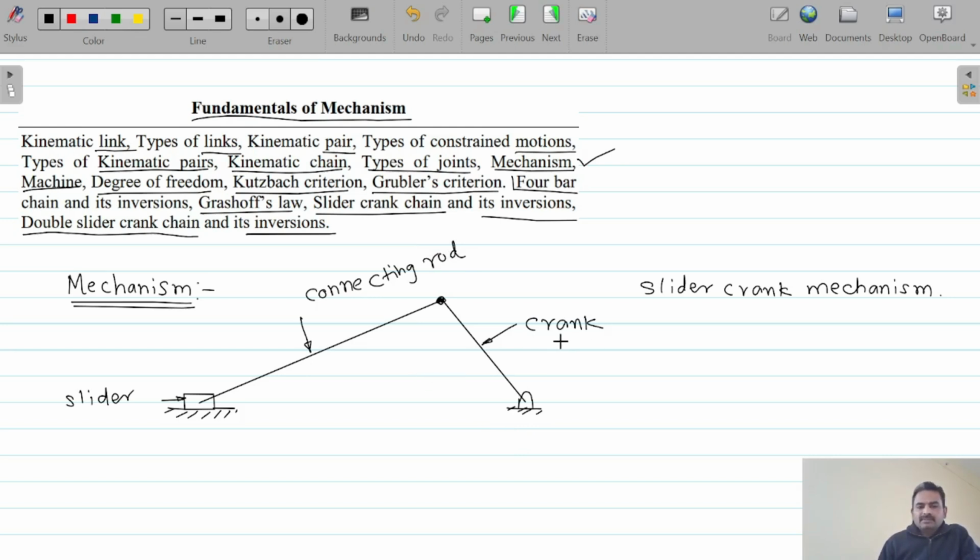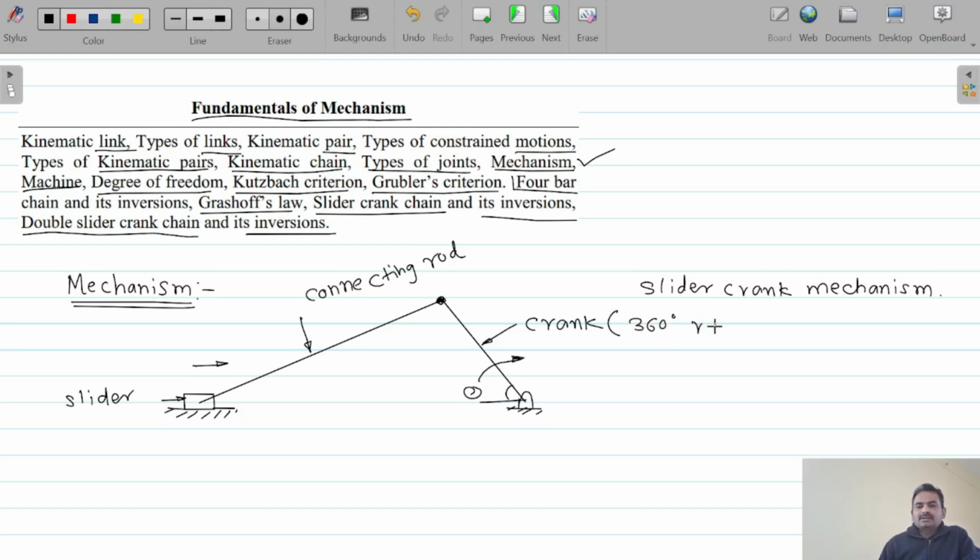The working of this mechanism is very simple. When the crank rotates by a certain angle theta from the mean position, then the slider will slide or reciprocate. So what is the crank? Crank is the element which can rotate through 360 degree.